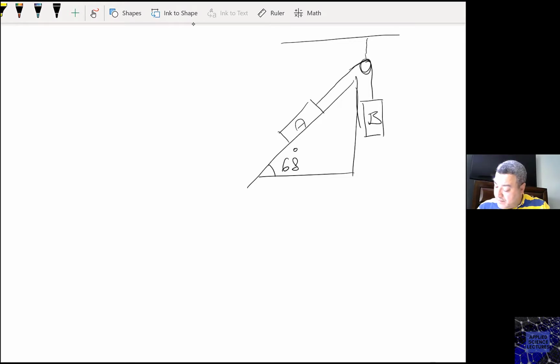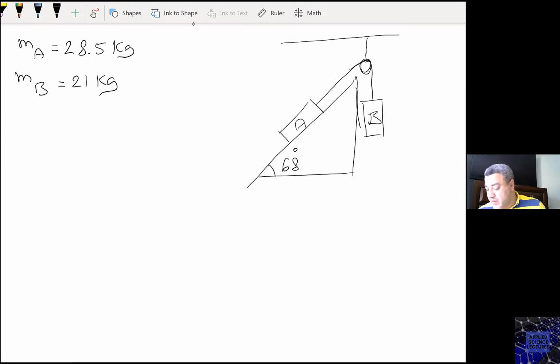I have MA as 28 kilograms, MB as 21 kilograms, and they are at rest, which means the acceleration is 0.